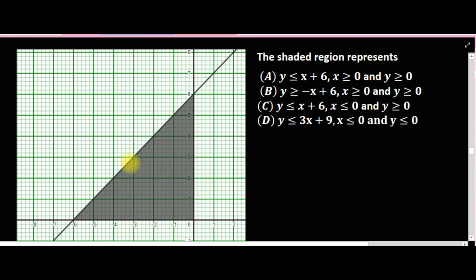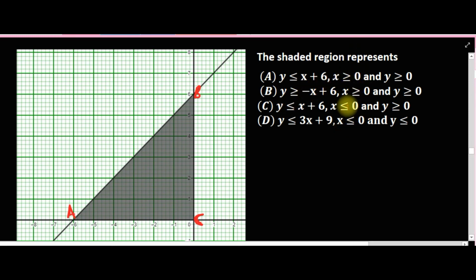The shaded region is a triangle, so let me name it triangle A, B, and C. The boundary is the y-axis and the x-axis. The shaded region shows x is always less than 0.